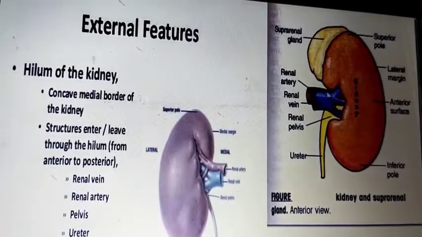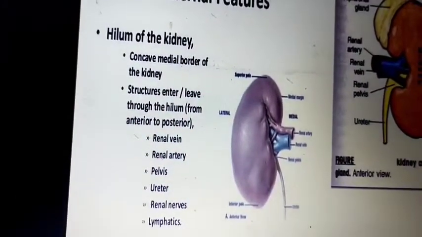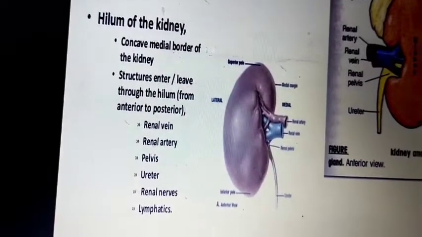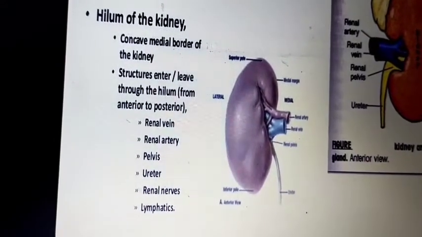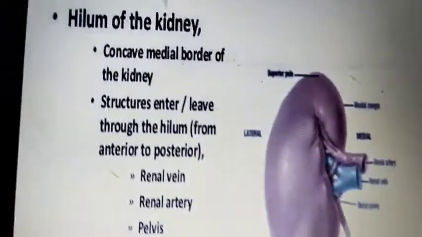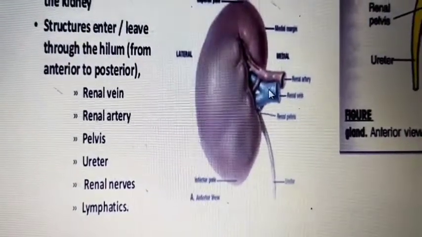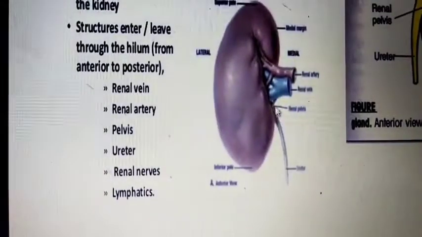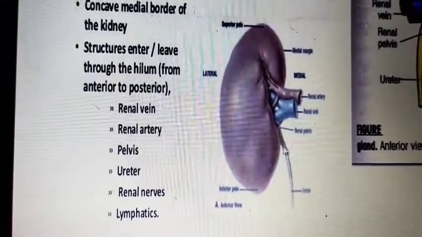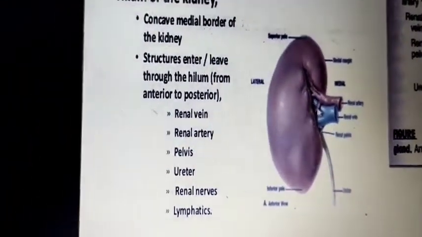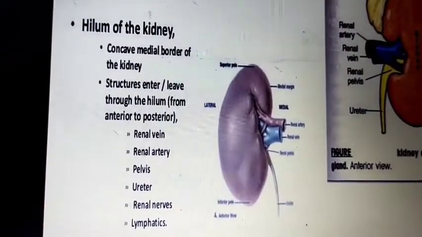The hilum is a very important landmark for identifying some structures. There is an arrangement in the hilum: from upwards to downwards, first the artery, then the vein, then the ureter. By this we can easily make out the structures.